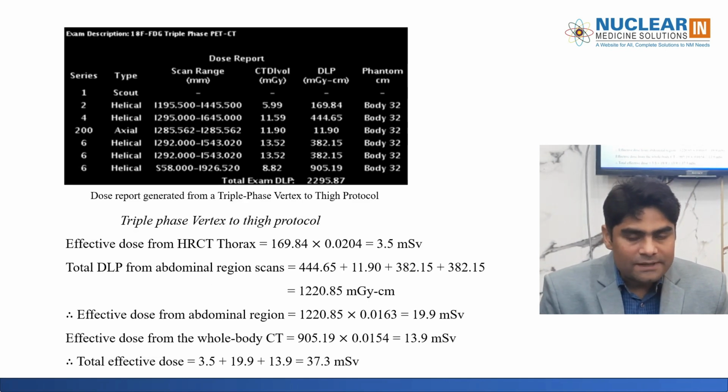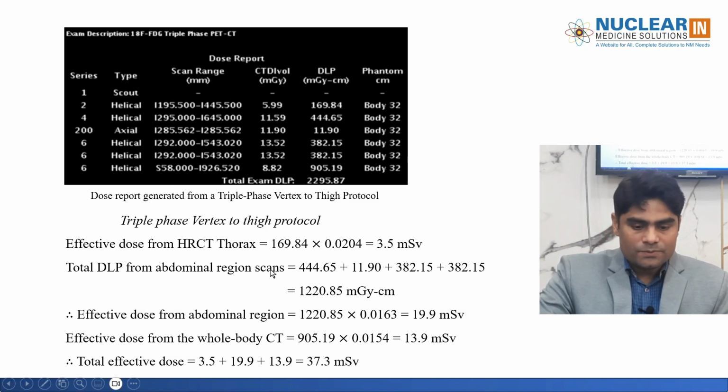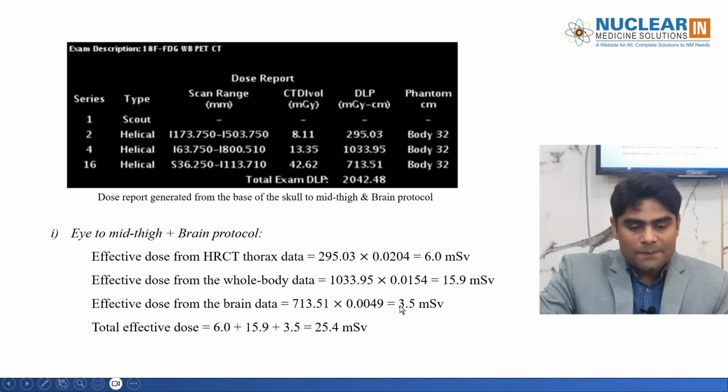This is the dose report obtained for the triple phase PET CT protocol, and if you calculate, the total effective dose comes to 37.3 millisieverts. The value is almost 1.5 times what we obtained in the eye to thigh plus brain protocol.